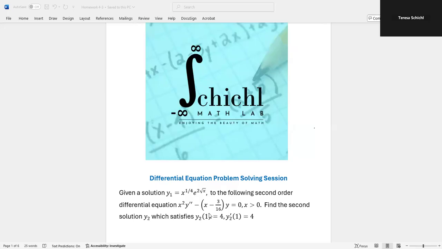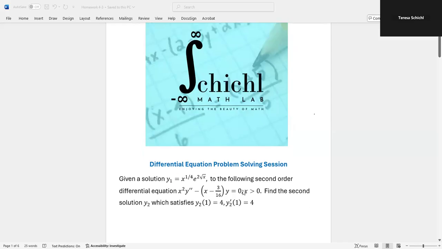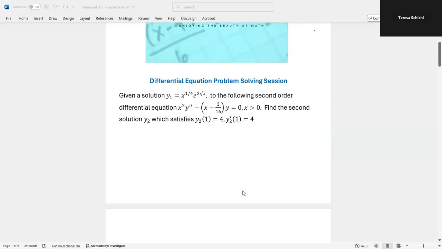For these problems, the reduction method is a little bit tedious algebraically. This video may be a little longer than you expect because we need to go through a lot of the algebra details, and that is where a lot of people make mistakes and get frustrated.